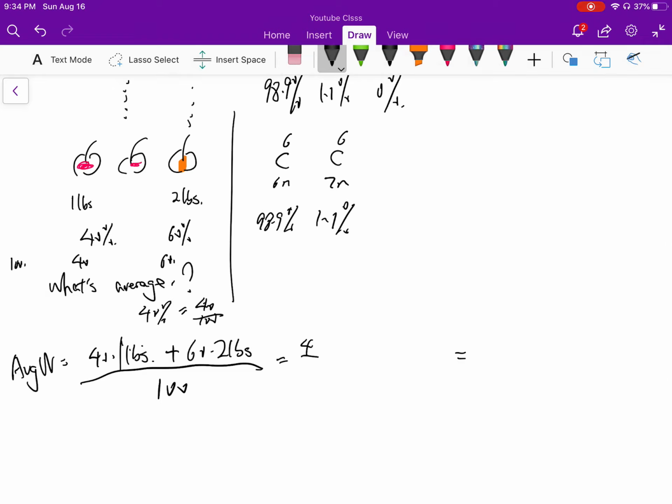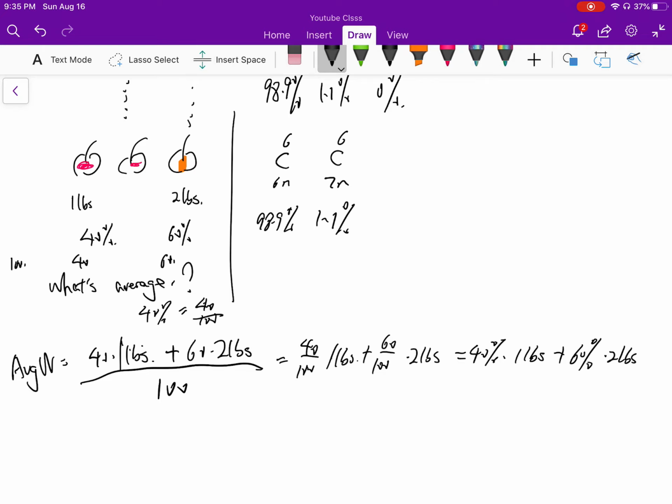So it's 40 over 100 times 1 lbs plus 60 over 100 times 2 lbs. And that's why you can simplify this directly by the percentage. So this will be 40% times 1 lbs plus 60% times 2 lbs, right?